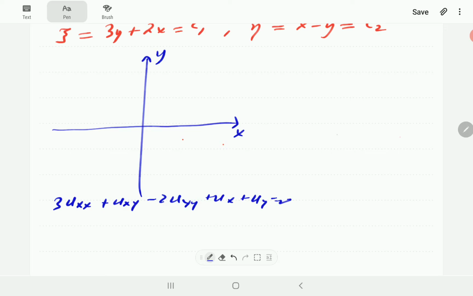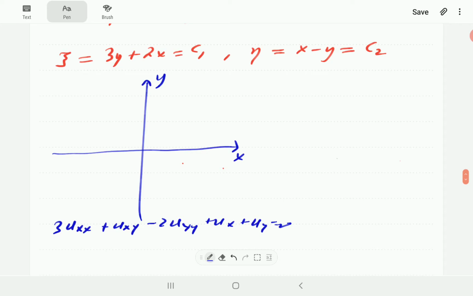Then if we introduce a new coordinate system, let me just take the eta coordinate variable, for instance. If c is 0 here, then this is simply x equal to y. Okay, so that is the line eta equal to 0.